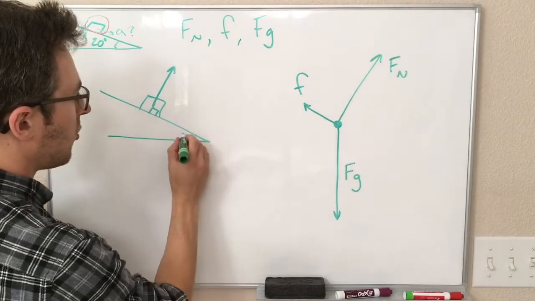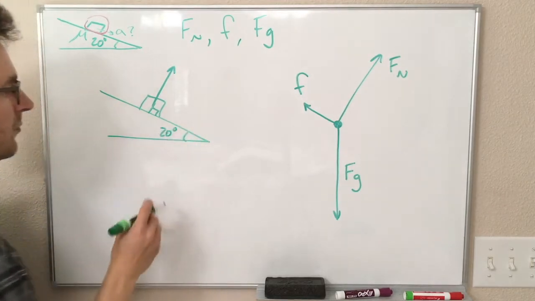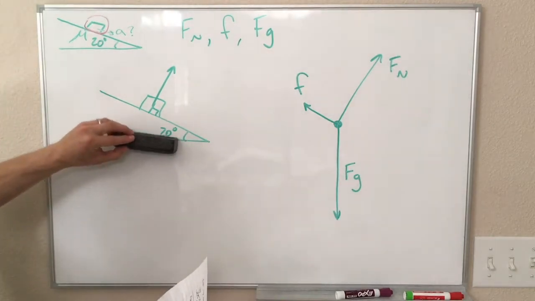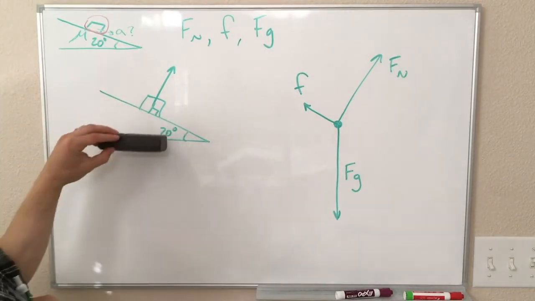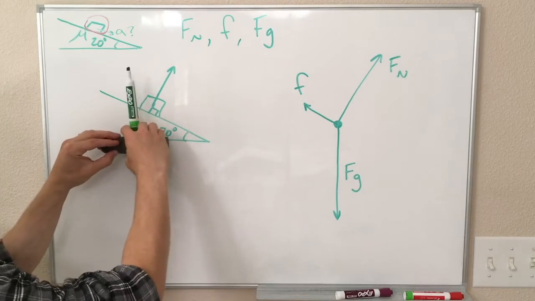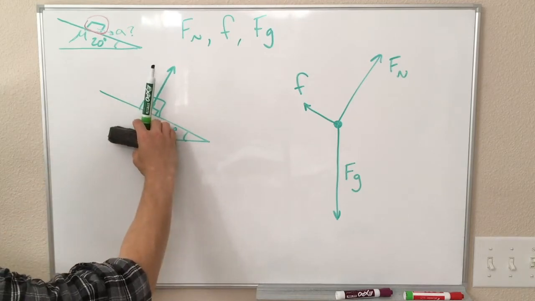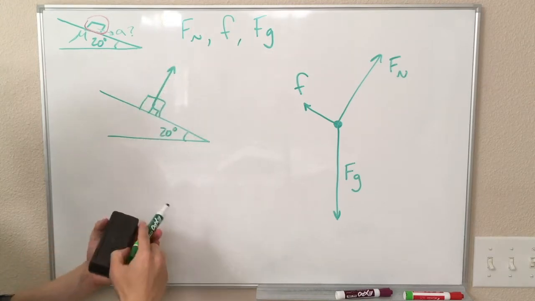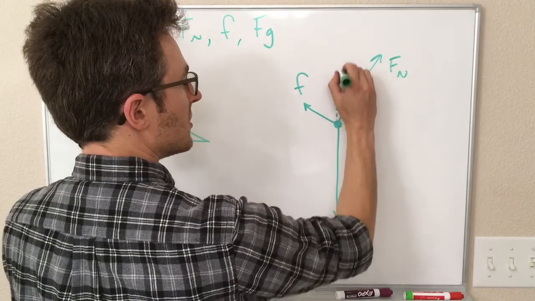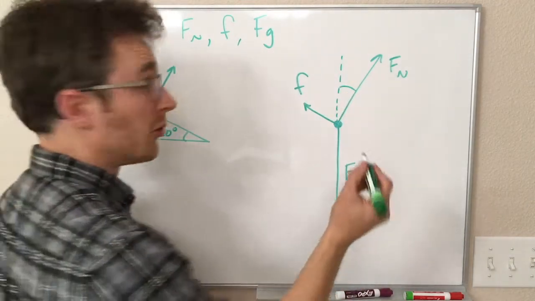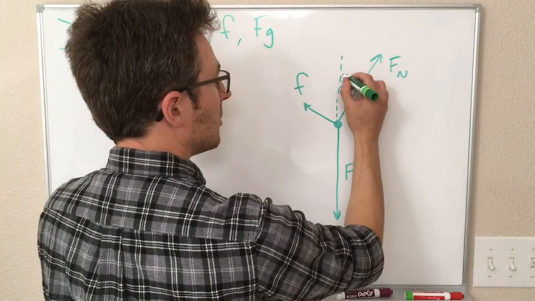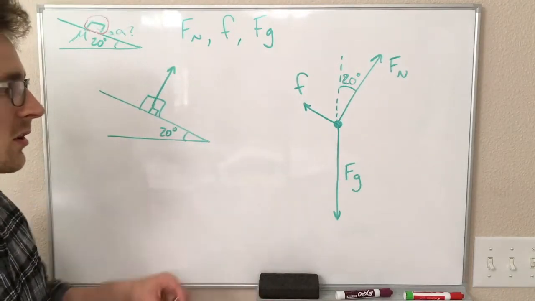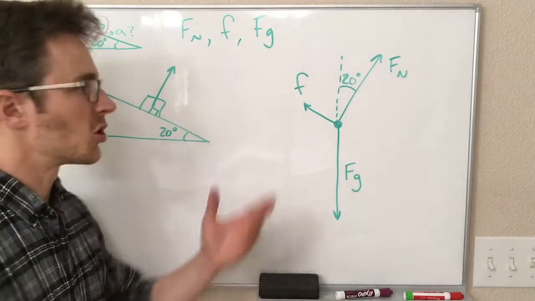So the way I like to think about this is, if you imagine starting with a flat surface and tilting it up to an angle of 20 degrees, when you start with a flat surface, your normal force is like this, straight up. And so when you tilt it at an angle of 20 degrees, this also tilts at an angle of 20 degrees, which means our normal force is 20 degrees from the vertical direction.